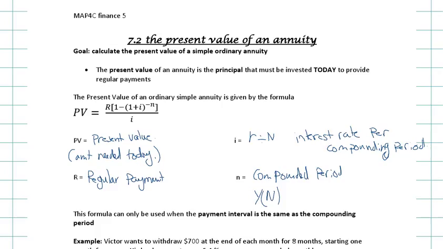So when you're reading the question, you need to be looking for the keywords. Are you looking for the amount in the future, or are you looking for the amount now? So let's look at this one.